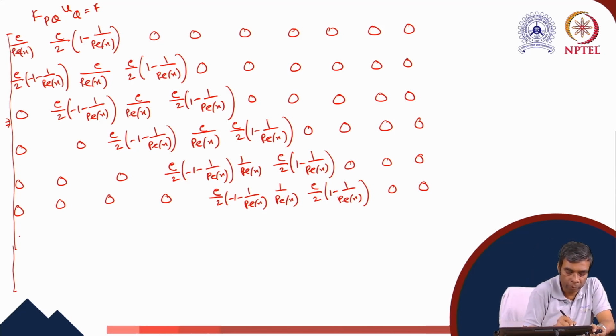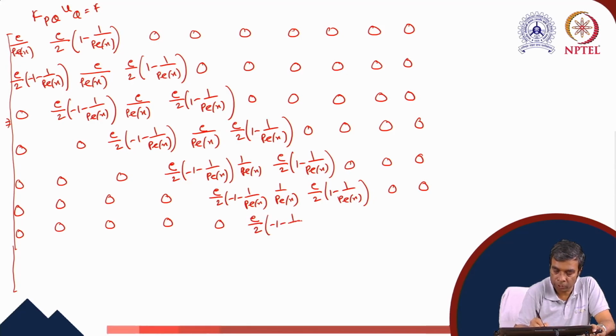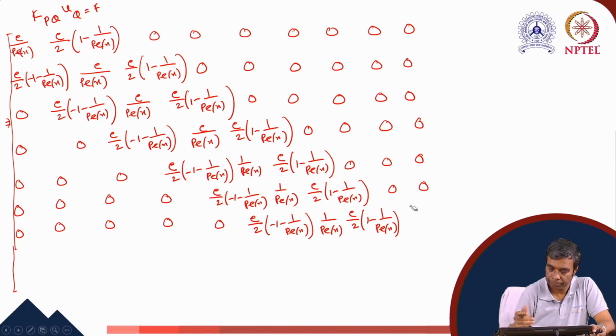Now we have the seventh equation, 0, 0, 0, 0, 0, C by 2 into minus 1 by PEX, C by PEX, C by 2 into 1 minus 1 by PEX, and this is 0. We have the seventh equation.